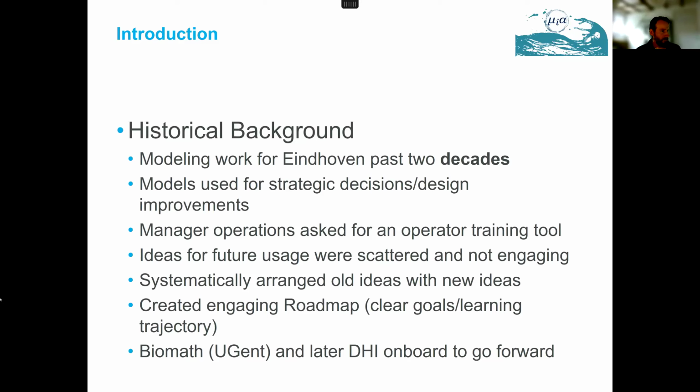We already had a partner, Biomath from Uganda, which we had already done modeling with, and later we partnered up with DHI, who already had a digital twin, which we are now developing further and further.